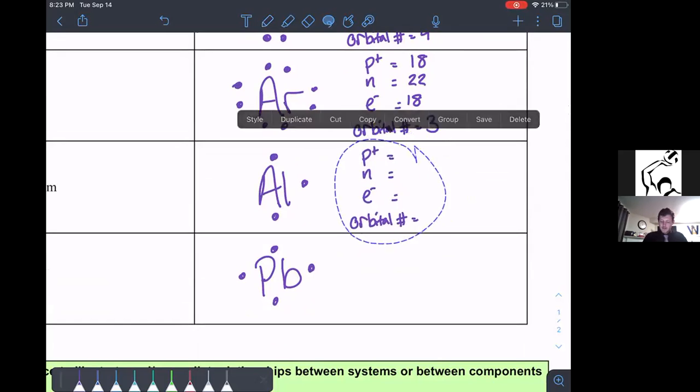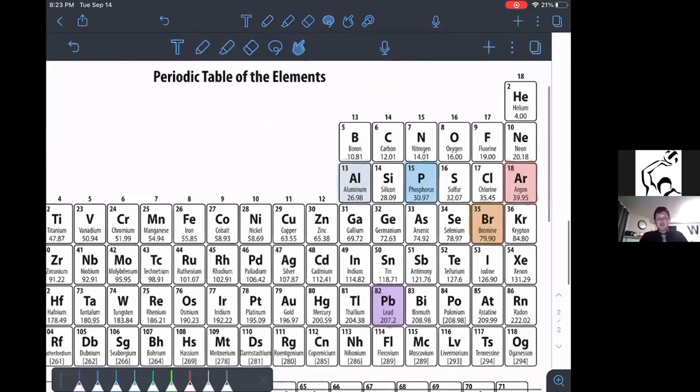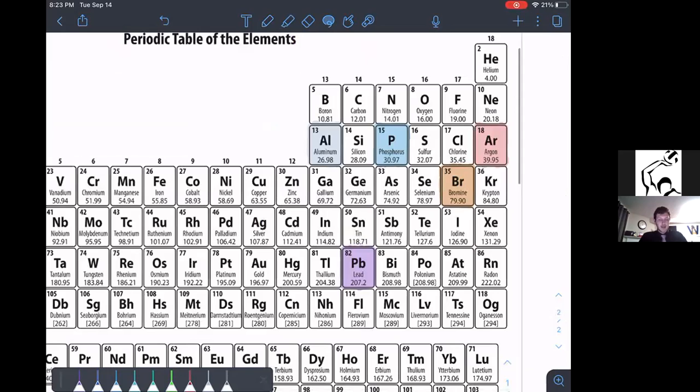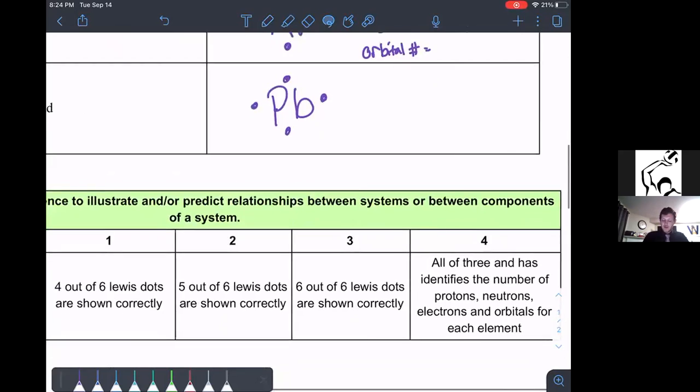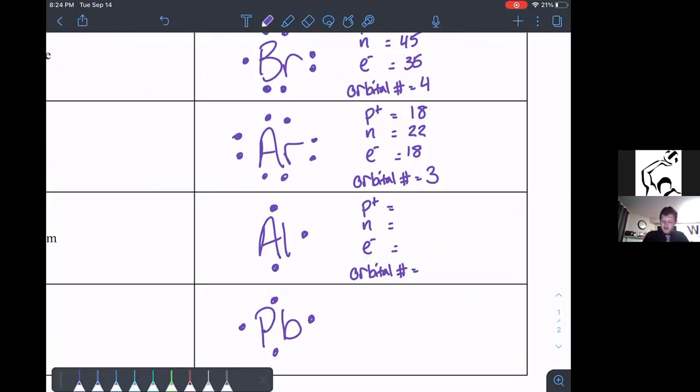Aluminum is number 13, which means it has 13 protons, which means it also has 13 electrons. And if its mass number is 27, then 27 minus 13 gives us 14 neutrons. And it's in row 3, which means it has 3 orbitals.